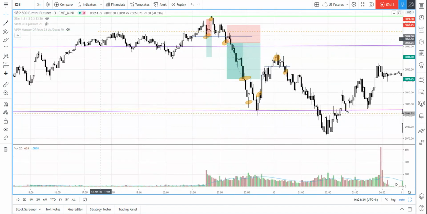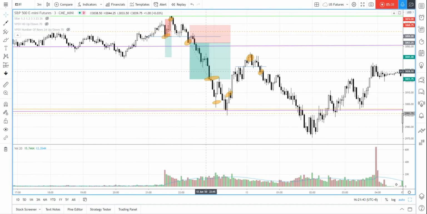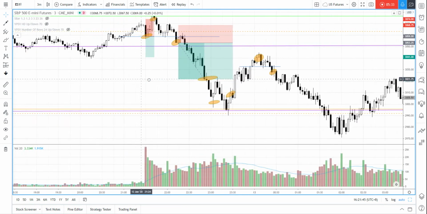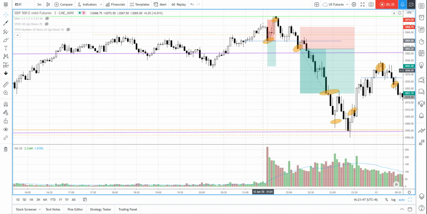And you can see that just prior to the US opening session, we have a small range form. And just prior to that, we have a breakout. And at the opening bar here, 9:30 my time, we have seen a reversal bar, and this is quite a significant bar. So at that point, I initiated a short entry after the close of this bar.